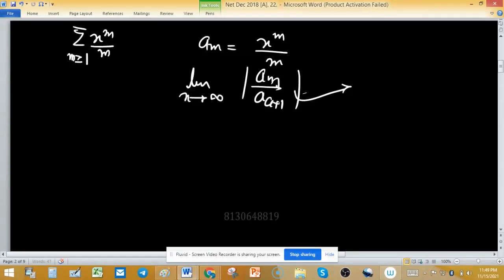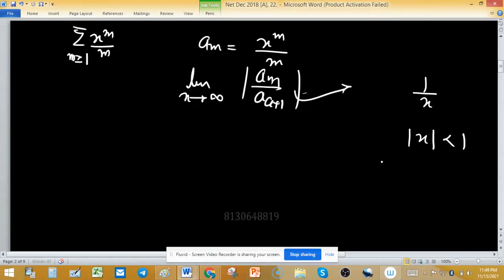If we do not take the mod of this expression, then you may be misled, because if the expression we obtain is 1 upon x, and mod x is less than 1, then 1 upon x will fail when x is negative.